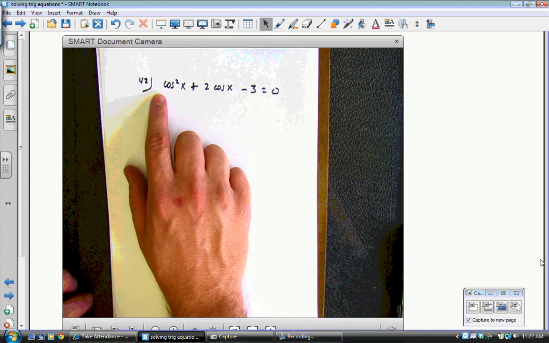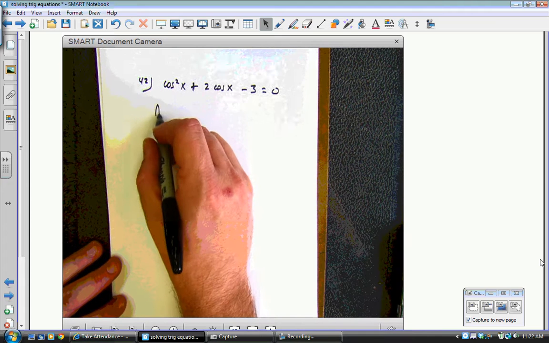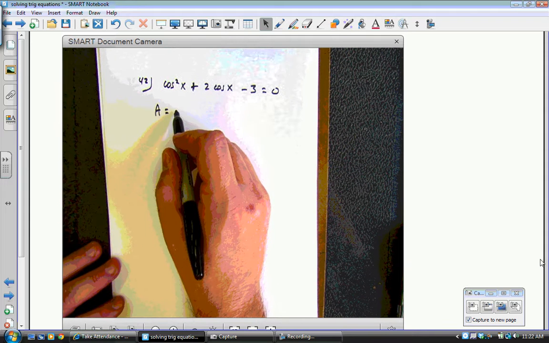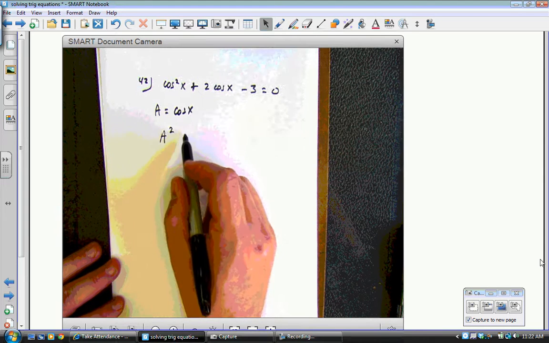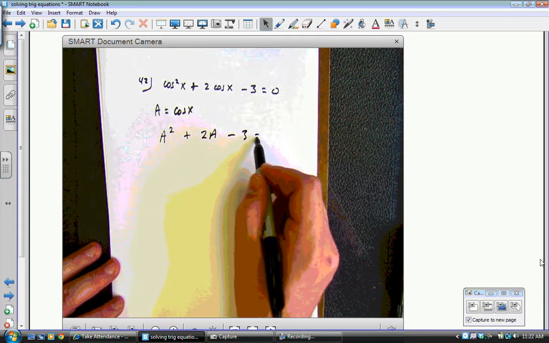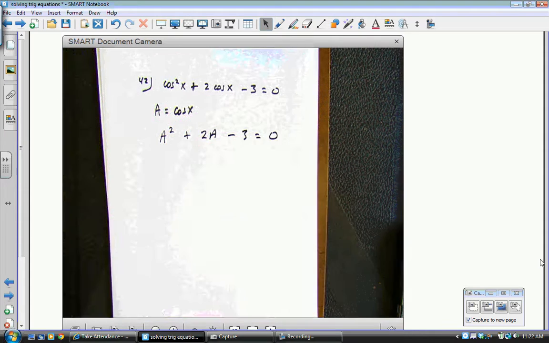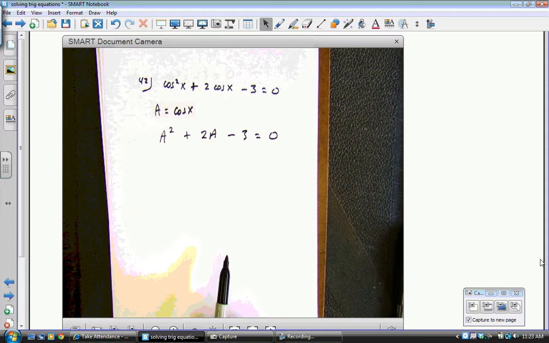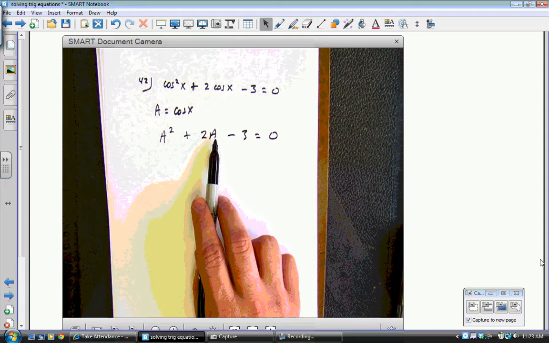Now, let's do our substitution thing. So we're going to let a equal cosine x. That'll make it say a squared plus 2a minus 3 equals 0. So now factors of 3 that subtract to give me 2 would be what? 3 and 1, right?